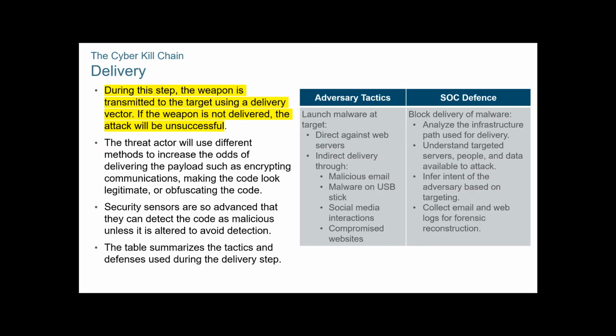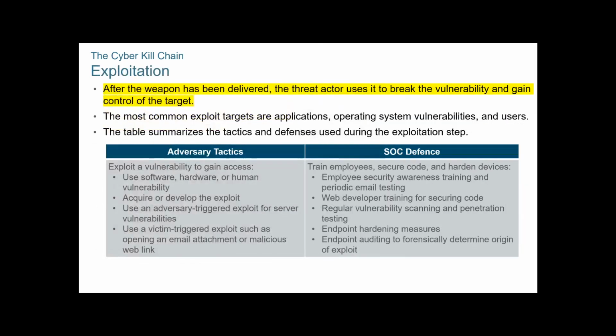But at that point, if they're already ready to deliver that weapon, they found a hole, and they know how to get to that particular system. After they've delivered the tool, they exploit it. Okay, it's time to set off the bomb. They found a vulnerability, and they're going to now try to gain control of the target so that they can do what they want to.